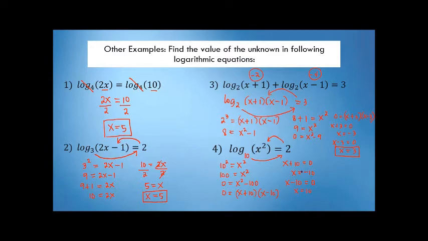Then, tignan natin kung magsasatisfy yung negative 10 at positive 10 sa ating equation. So, ang number natin is x squared. So, dapat maging positive yan kasi bawal ang negative number. We don't have a logarithm for negative number.